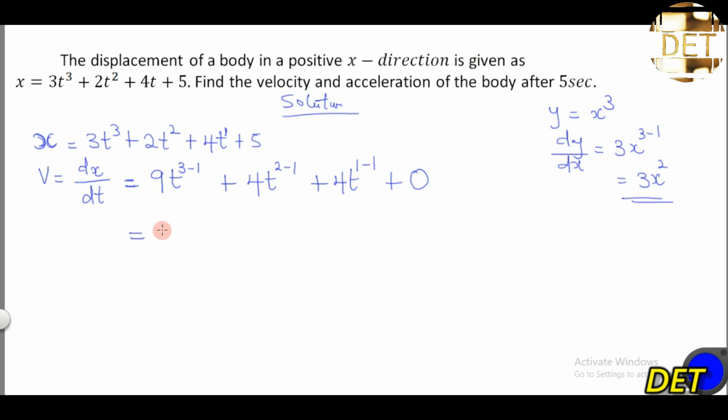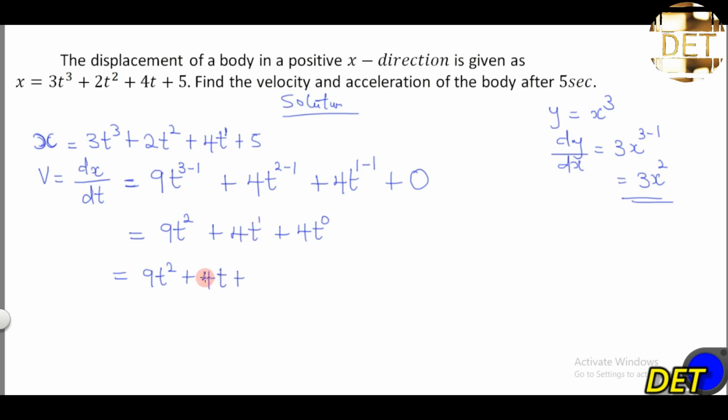So this will be equal to 9t raised to the power of 3 minus 1, which gives us 2, plus 4t raised to the power of 2 minus 1, which gives us 1, plus 4t raised to the power of 1 minus 1, which gives us 0, right? So this will be equal to 9t squared plus 4t, because anything raised to the power of 1 is that number. So t raised to the power of 1 is the same thing as t, right?